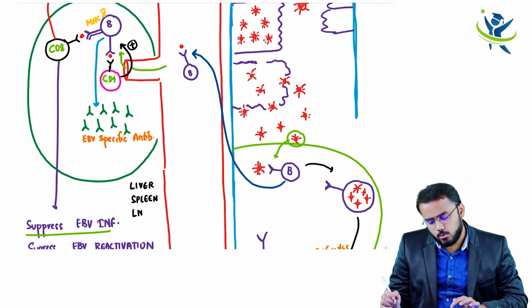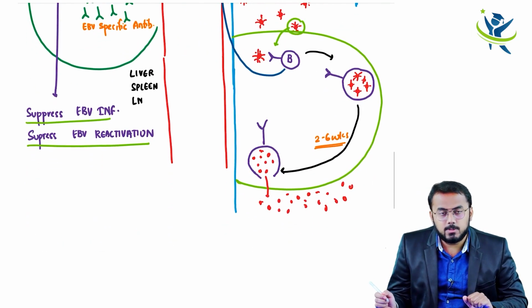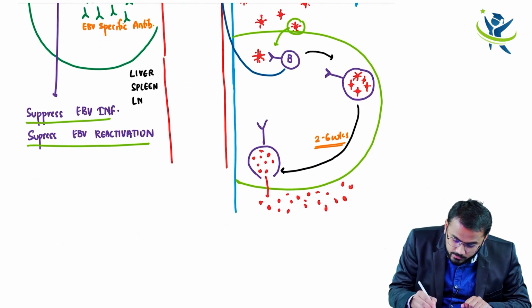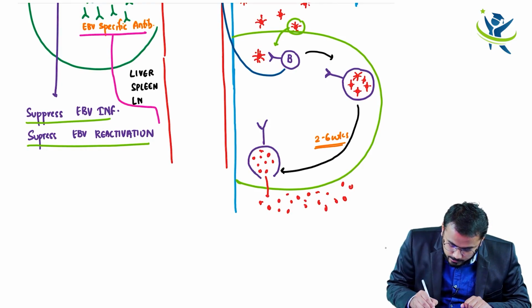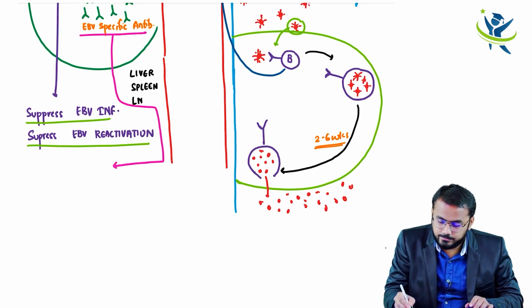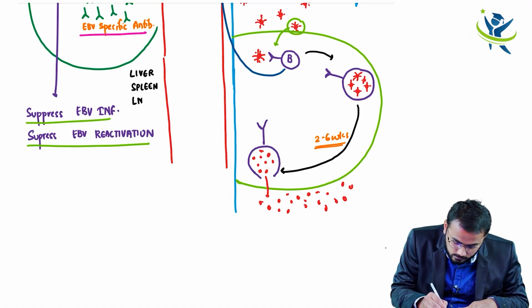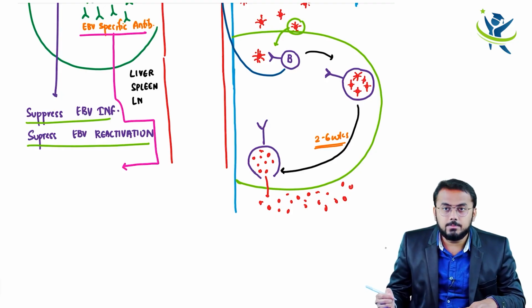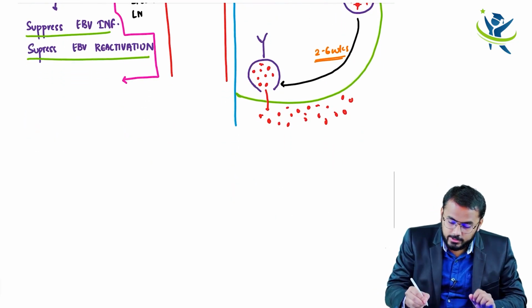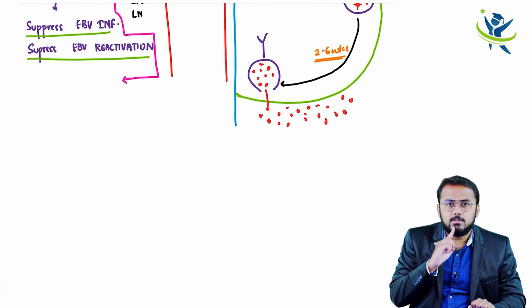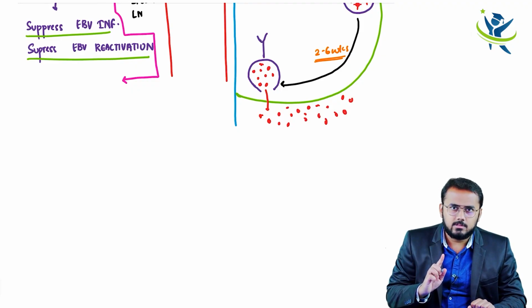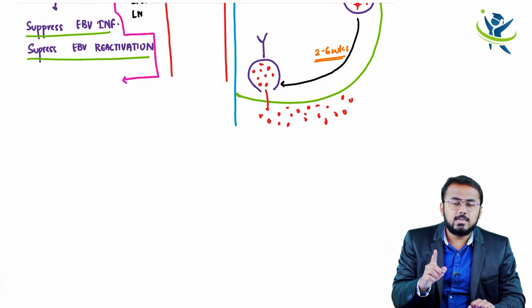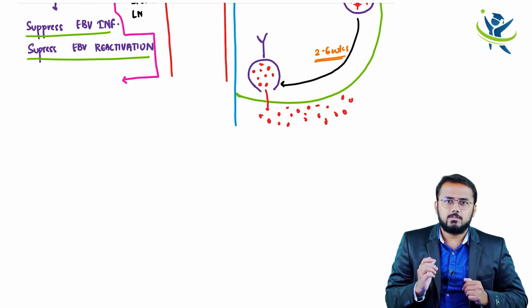Okay, can you name a few EBV specific antibodies, please? What are these EBV specific antibodies? Look here. Some antibodies are directed to the nucleus of the virus, whereas some antibodies are directed to the capsid of the virus.